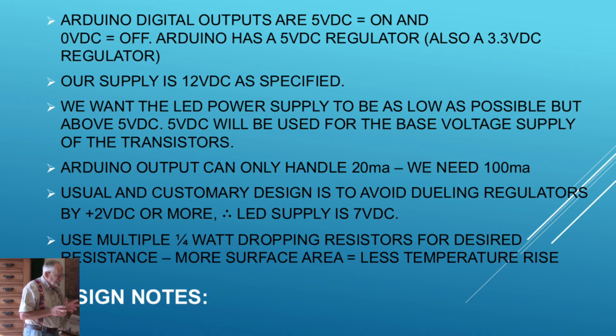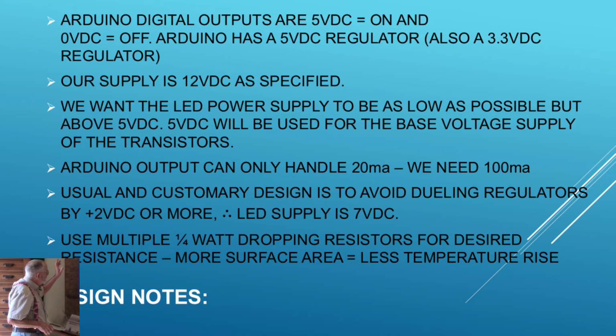All this has to do with space of design and thermal management, which is another thing engineers are responsible for when they design. So instead, I used multiple 1/4 watt dropping resistors for the desired resistance. If I use 2 or 3 of them for the amount of resistance I need, there's more surface area on all those resistors to get rid of the extra heat.